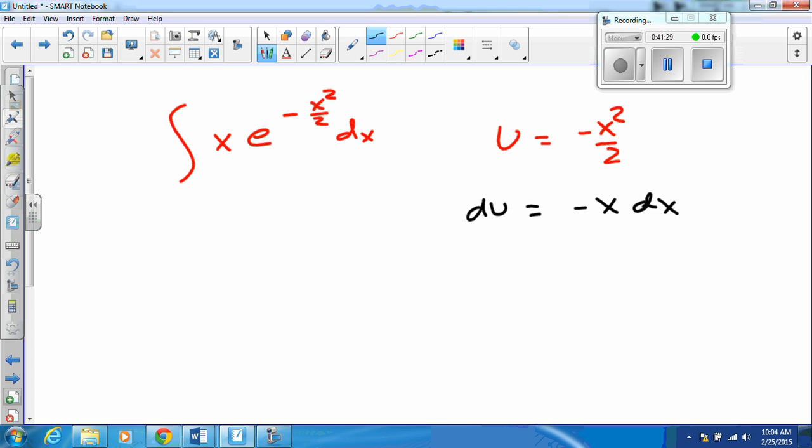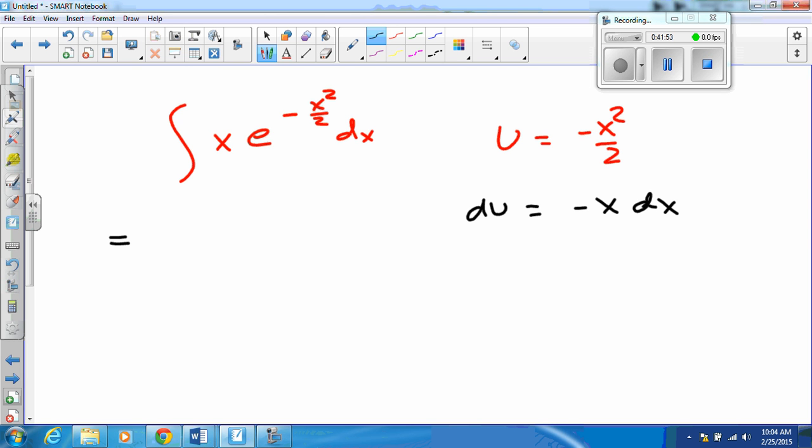So think of it as rate times time equals distance. Now I come back to my integral, and I do not write my integral with mixed forms. If you have an integral that has u's and x's in it, you're wrong.